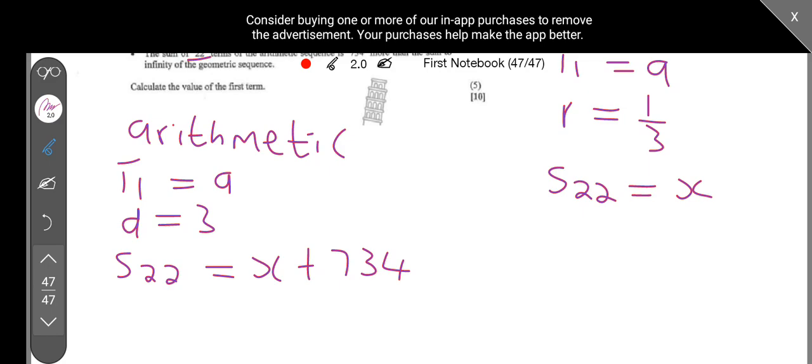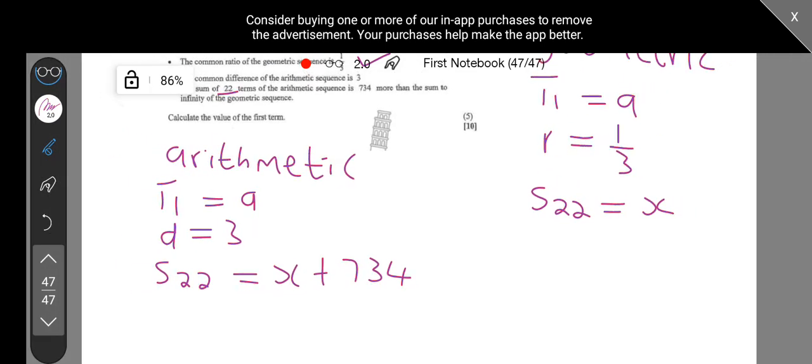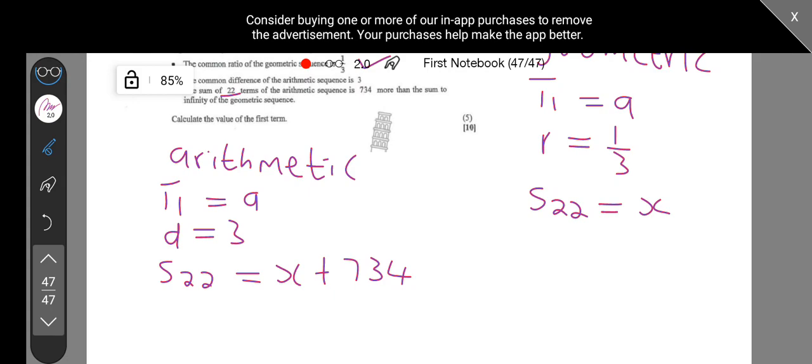They mean that the arithmetic part has 734 more than the geometric part. I hope you understand this. So the words more than simply mean the addition. So we're going to work the two separately. We're going to start by calculating the sum of the geometric, and then we're going to calculate the sum of the arithmetic, and we're going to solve for x and a simultaneously.